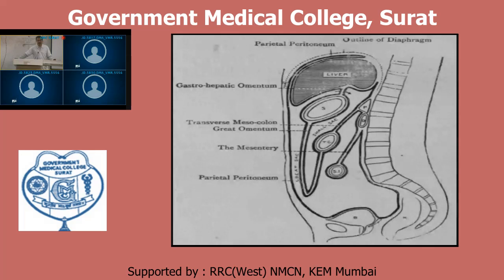Now these folds go from the bladder to the posterior surface of the lower aspect of the anterior abdominal wall below the umbilicus. Therefore, these three folds: median umbilical fold, medial umbilical fold and lateral umbilical fold.